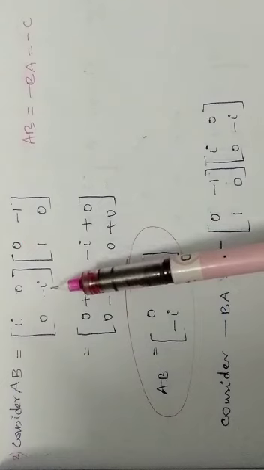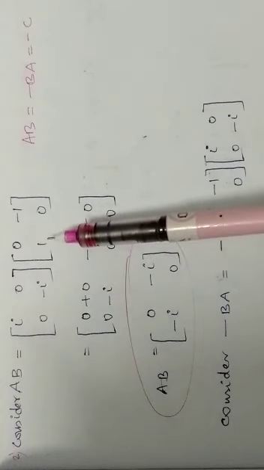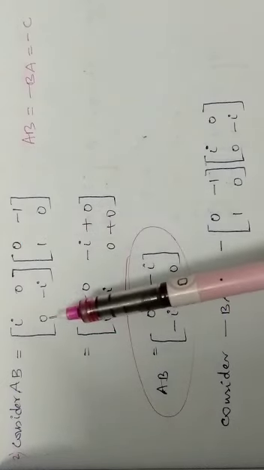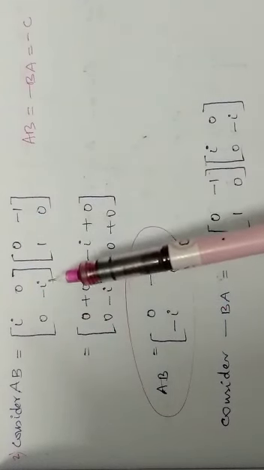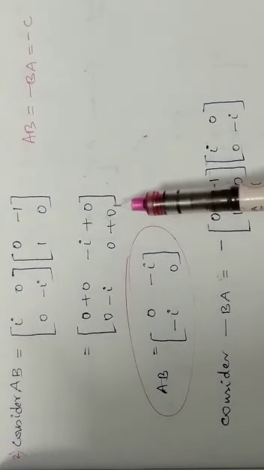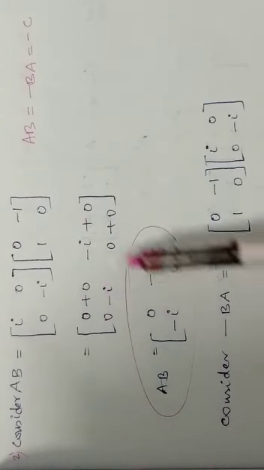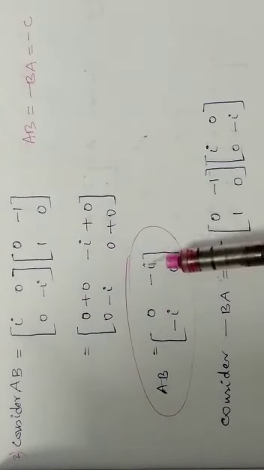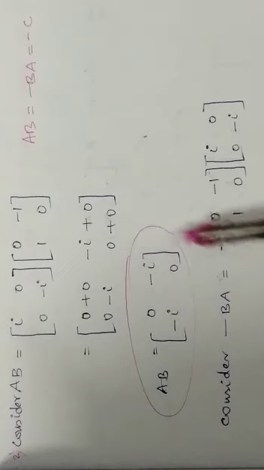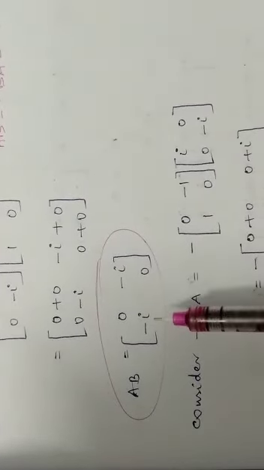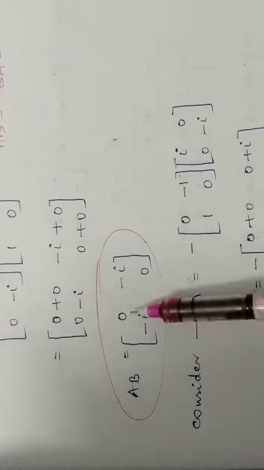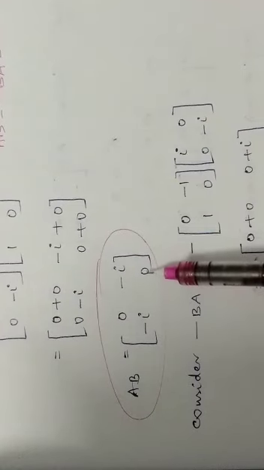Second row, first column, 0 minus I. 0 into minus 1, 0, minus I into 0, 0. So 0 minus I, minus I, 0. So AB is a 2 by 2 matrix, 0 minus I, minus I, 0.